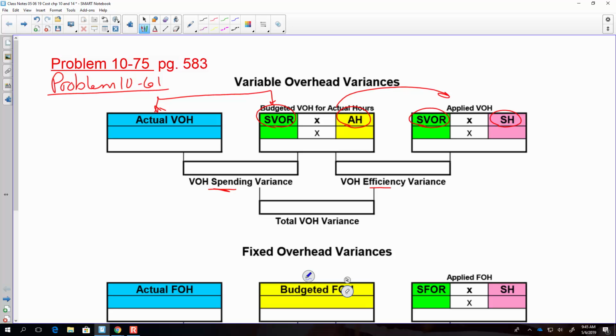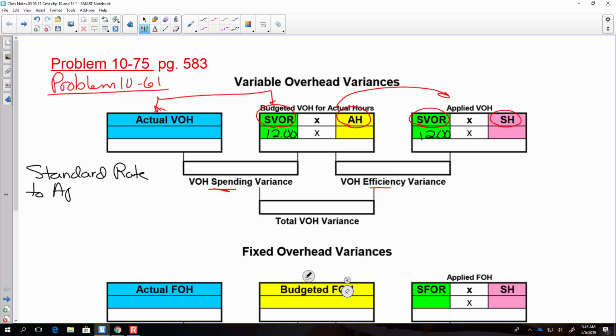Yeah, this green box here, right? So $12, that's what we need there. Now, the author talks about the standard rate used to apply overhead.